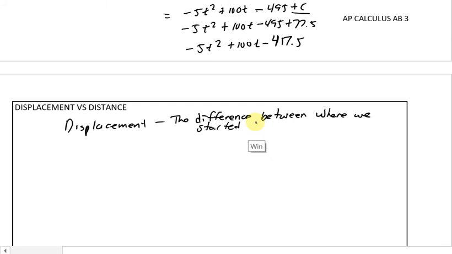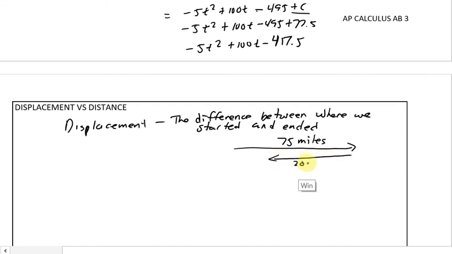Okay? So if I'm traveling along and I go 75 miles in this direction, and then I turn around and go 20 miles in this direction, well then, if I do that, then my displacement would then be 75 minus 20, which is 55.